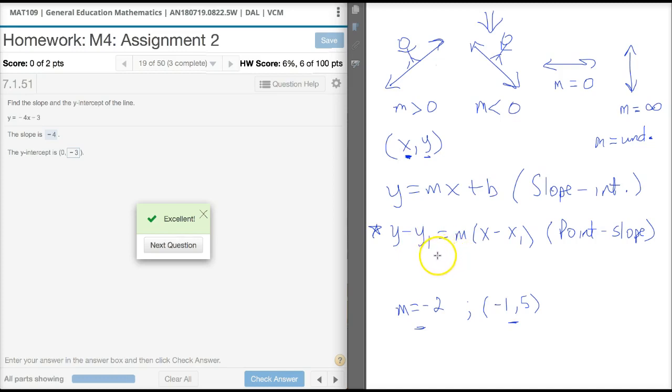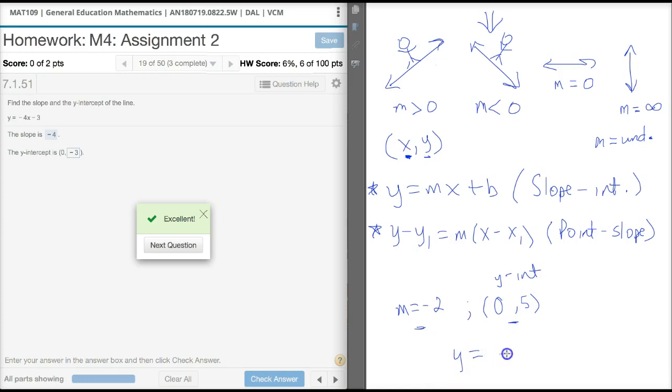The only reason why we would not use this one and use this one is if the information that's given to us lets us know that we have a y-intercept. For example, if they said, hey, find the equation of a line that has a slope of -2, and we know that we have the point (0, 5), then we know that this is a y-intercept by definition.